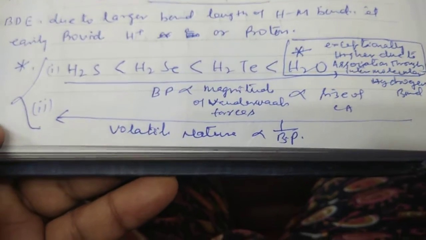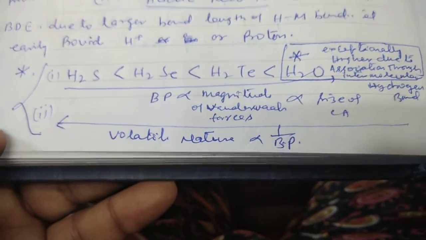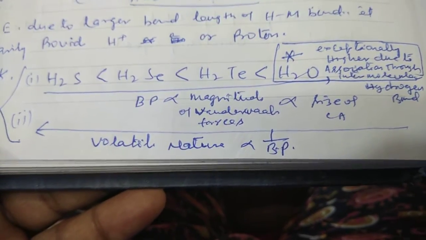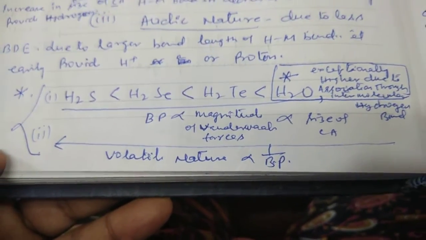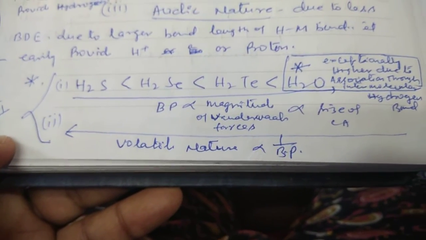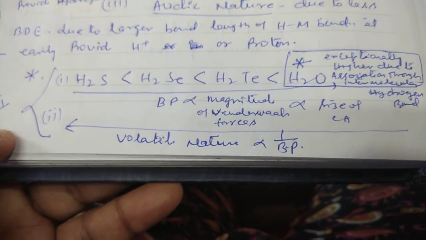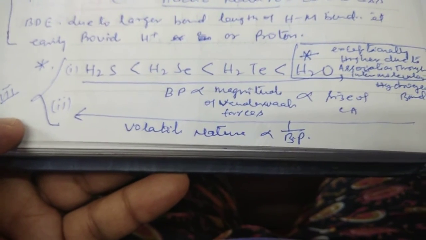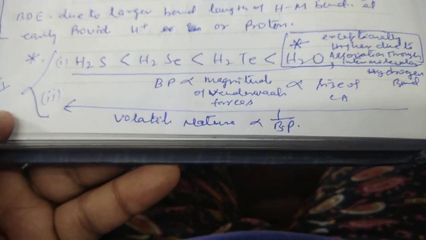Volatile nature depends on the tendency to form vapors and how easily the compound forms vapor. Definitely the compound which has a lower boiling point will form vapor more easily. So volatile nature is just the reverse of the boiling point order. So H2S is most volatile while H2O is least.